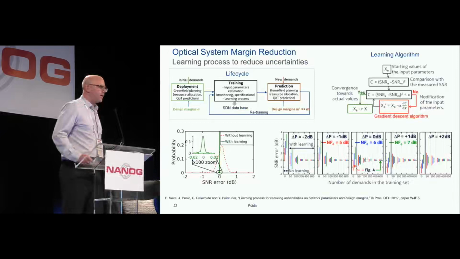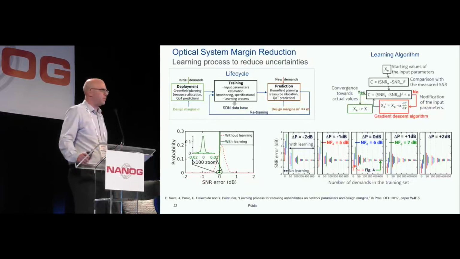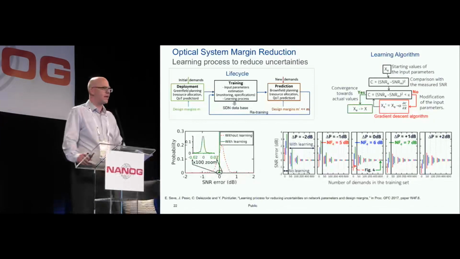So if we look at the optical system margin reduction, this is also work done by Bell Labs colleagues in France. So they used a learning process to reduce those uncertainties in the quality of transmission estimation. In the upper left-hand corner, it shows the life cycle of deploying connections or wavelengths in the network.